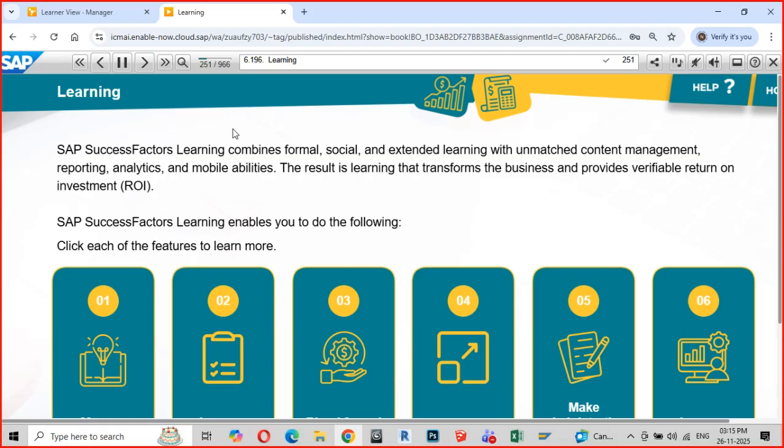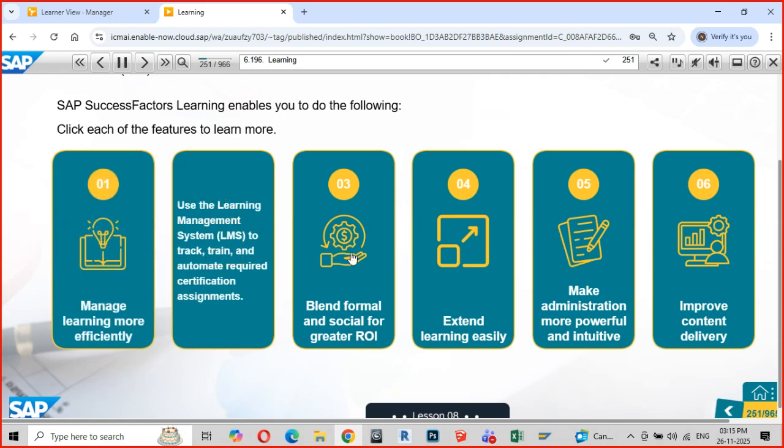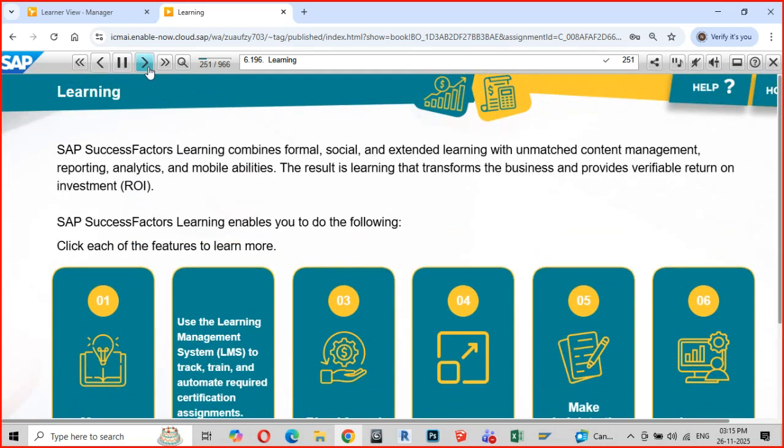What does this have? Click on each of the features to know. Store learning activities in a single location. So all the typical processes.